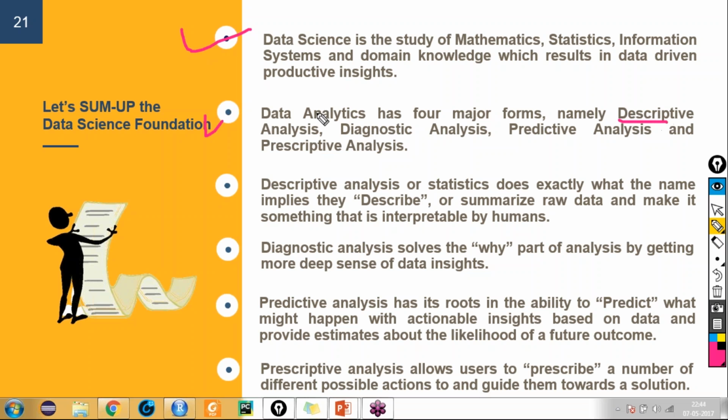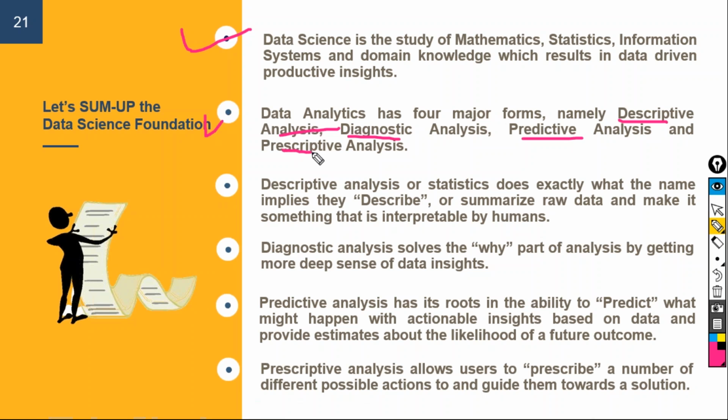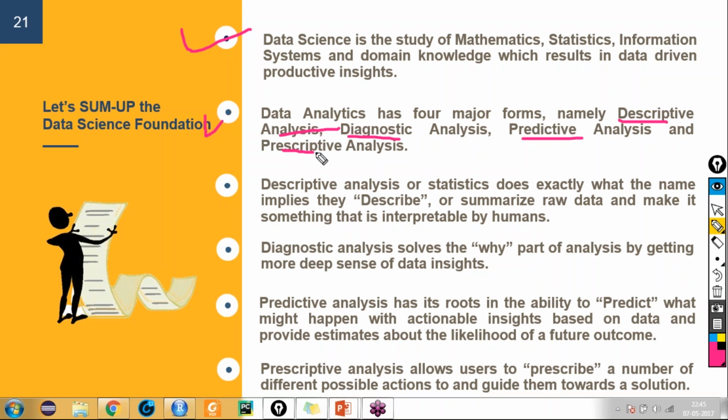and these are descriptive analysis, diagnostic analysis, predictive analysis, and prescriptive analysis, right? So then we have gone depth into each of the analysis. Okay, so firstly we have covered descriptive analysis, or can be called as statistics, which does exactly what the name implies, right?